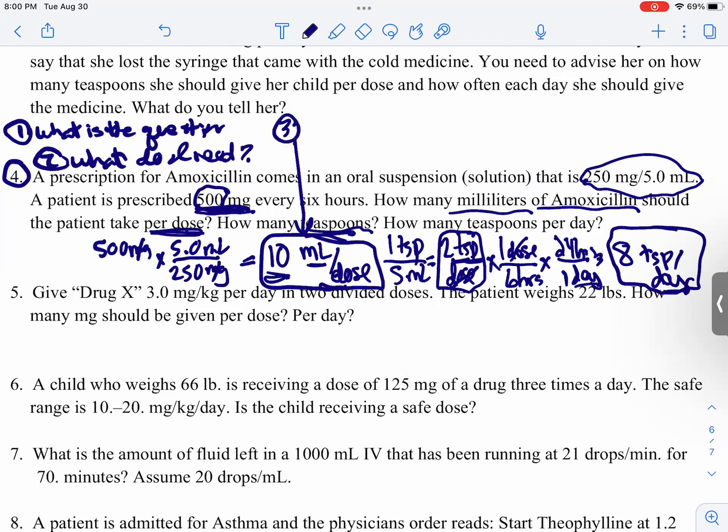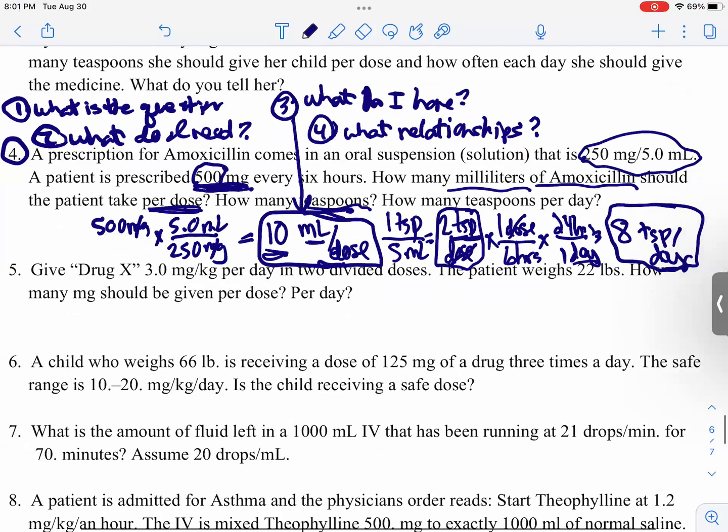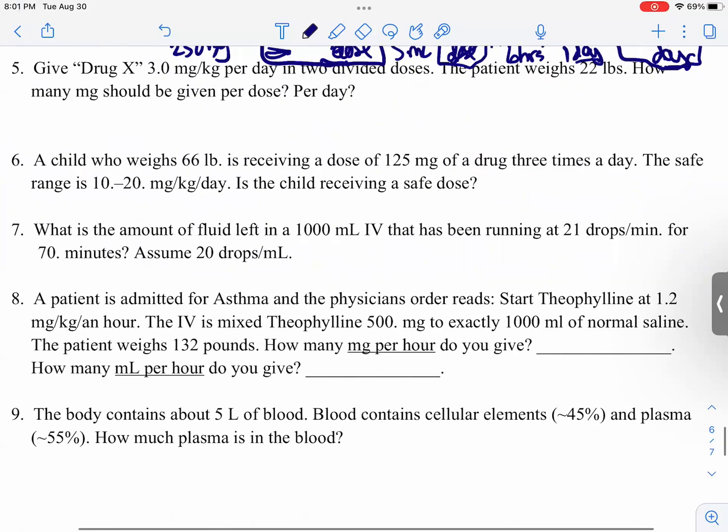Then what do I have? And you have to then kind of play around with what relationships do I have with these things. How am I going to get things to cancel out? You can think of it that way. How do the pieces connect? And you put it all together. So it does take a little bit of critical thinking. Each one is different.